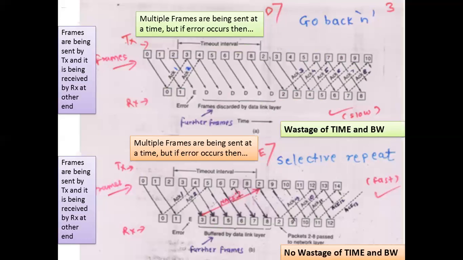The other functions of logical link control are data error detection and correction, and flow control. For flow control, we have seen that if a high speed processor and a low speed processor are there, and you don't establish flow control between them, then the high speed processor is going to overwhelm the receiver by dumping data at high speed.